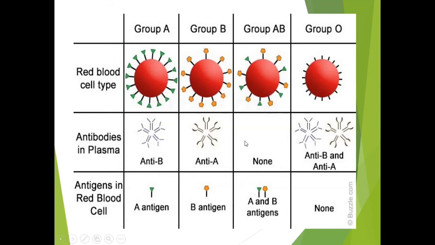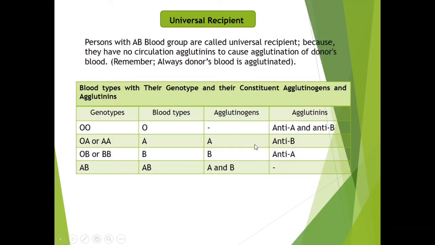No agglutinogens are present in blood group O, while both antigens are present in AB. Same is the case for blood group A. Blood types: to whom a person can donate blood and from whom a person can receive blood is all discussed in this table.